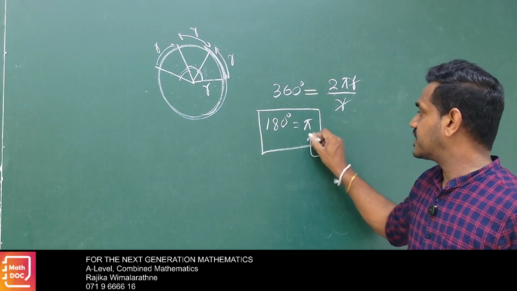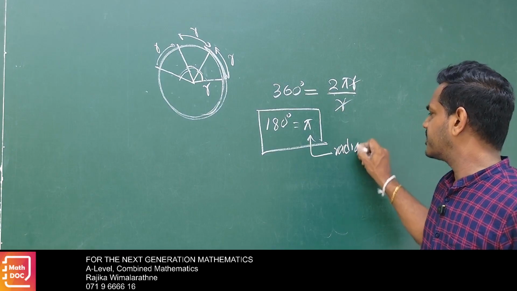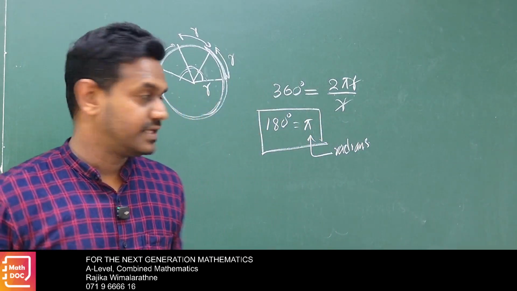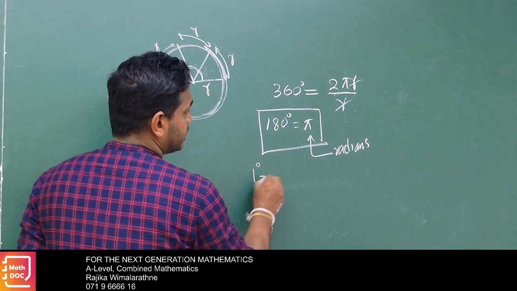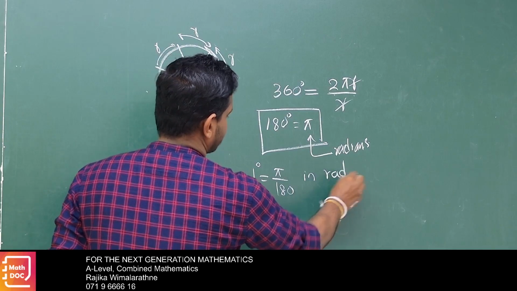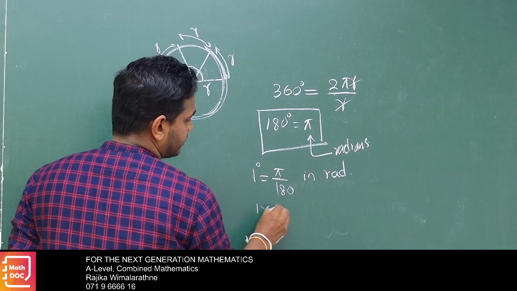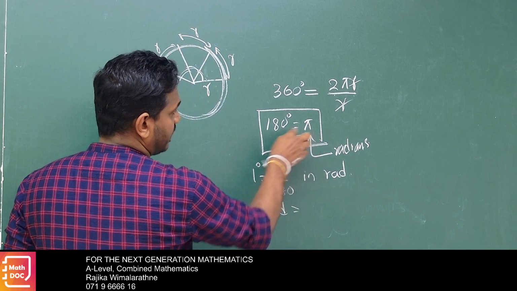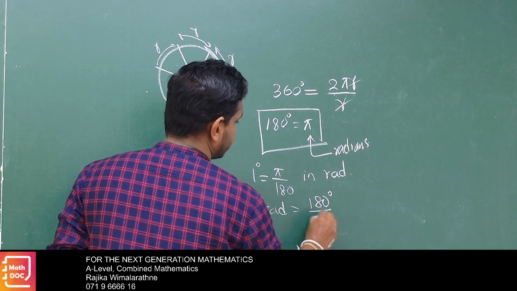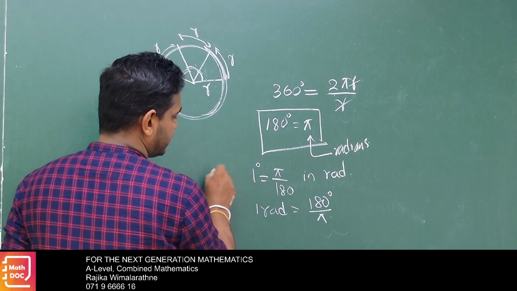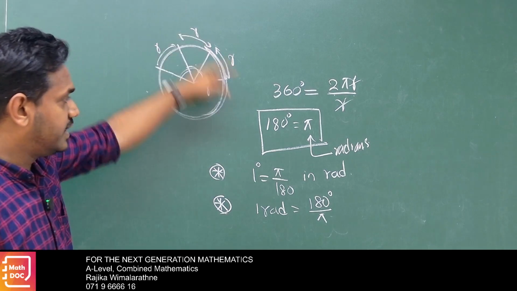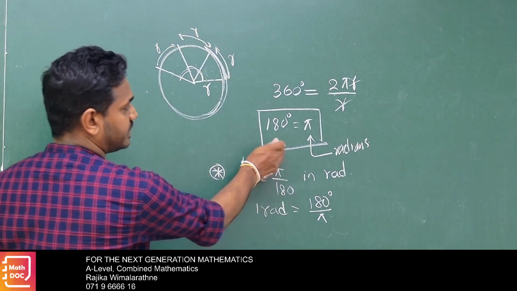So here is the relation between radians and degrees. 1 degree equals pi divided by 180 in radians. Then 1 radian equals 180 divided by pi in degrees. Here is the relation between radian and degree. Just write down the radian degree relation. You better remember this one.